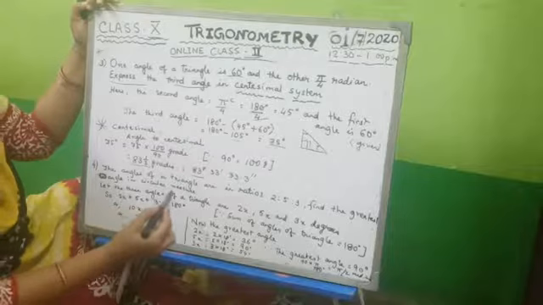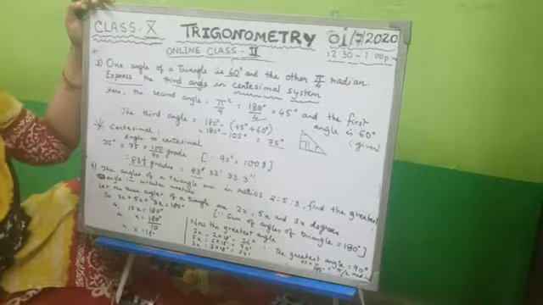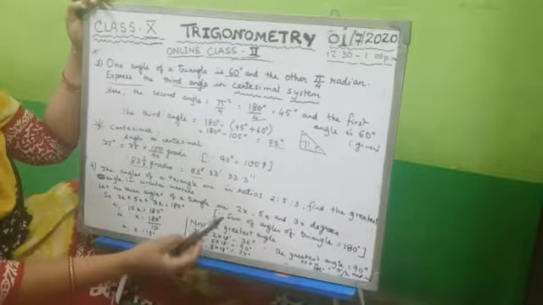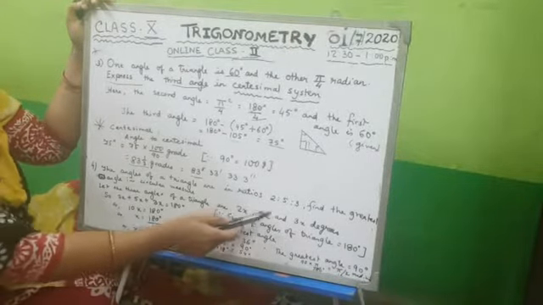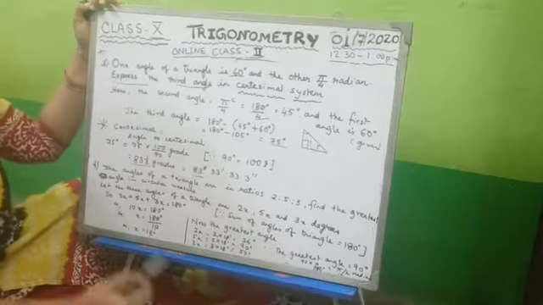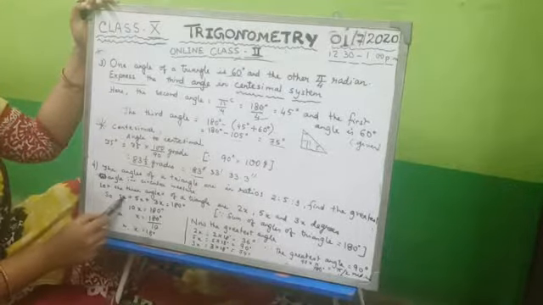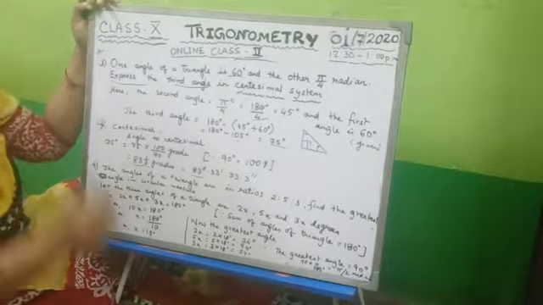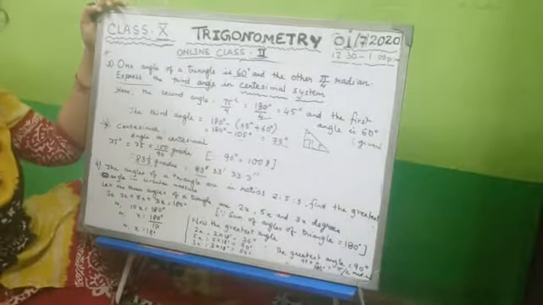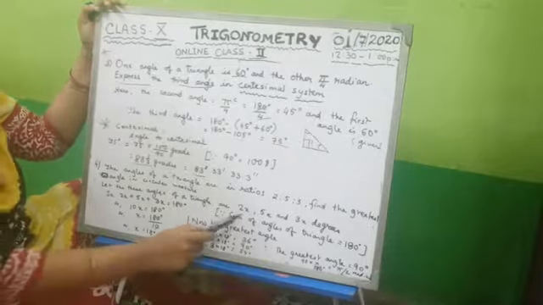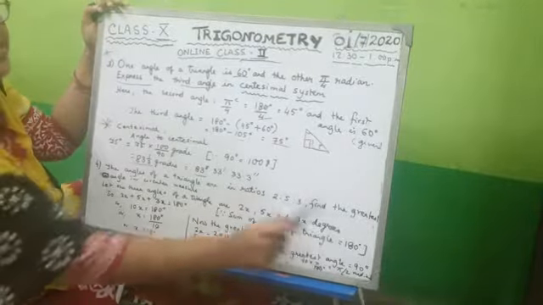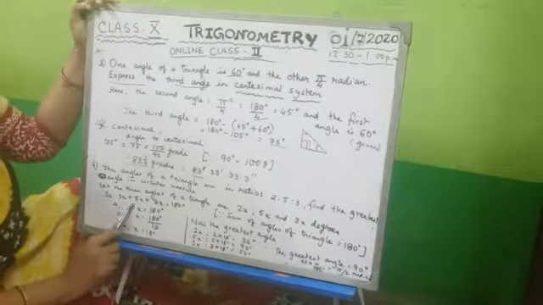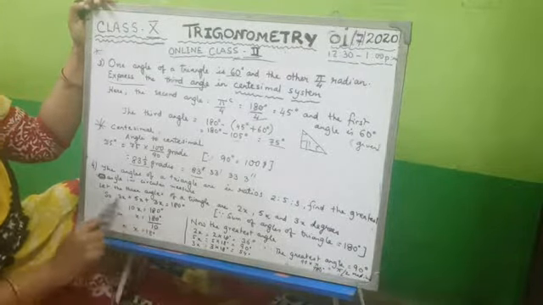Let the angles be x. So the three angles of the triangle will be 2x, 5x and 3x in degrees. So 2x plus 5x plus 3x is equal to 180 degrees. Why? Because we know the sum of the angles of a triangle is equal to 180 degrees. Now it has formed an equation.